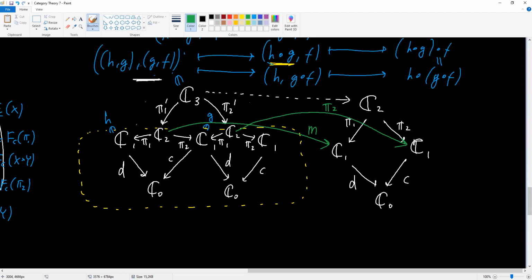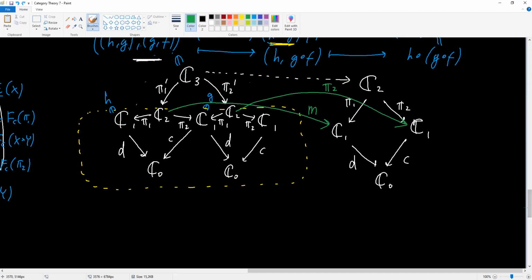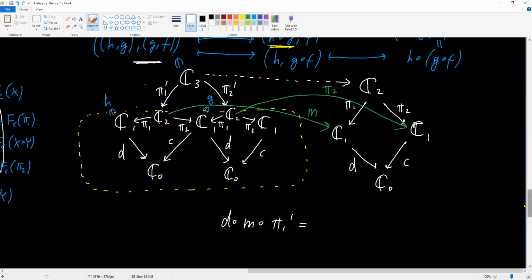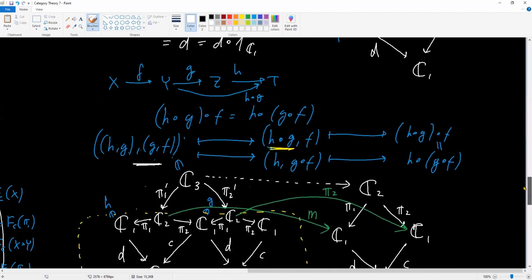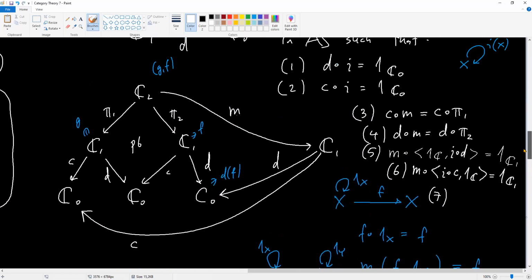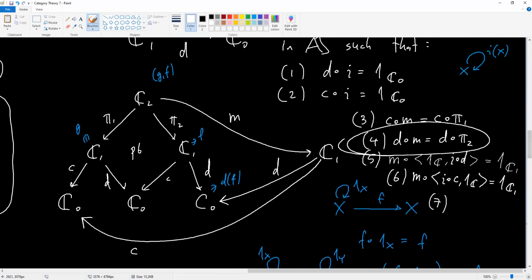In order for me to get this dashed arrow, now I want this composite to equal that composite. That will then generate for me the dashed arrow, right? So let's see if that's so. D composed with M composed with pi1 prime. Let's compute what it is. If we look at our fourth axiom, D composed with M is the same as D composed with pi2.